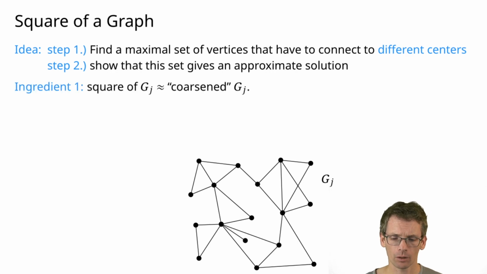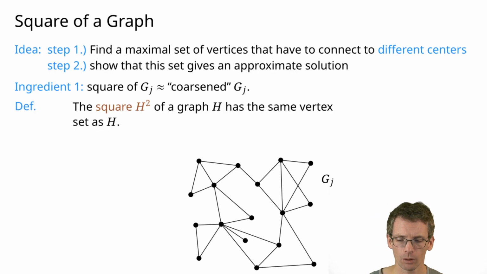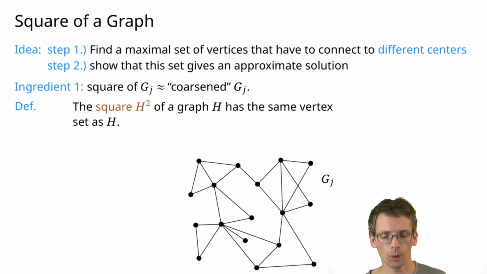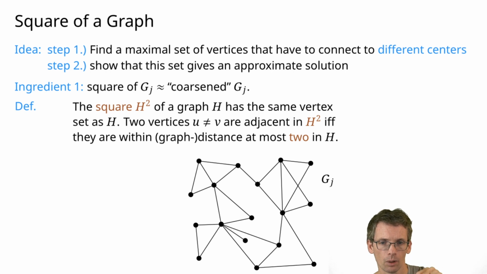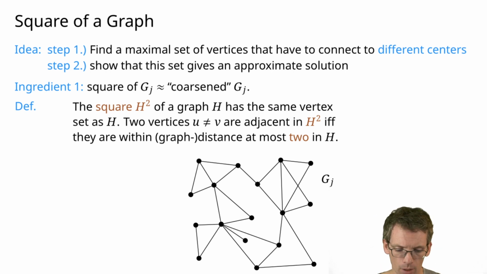And the concept here that we're using is a square of a graph. So the square of a graph is again a graph with the following property. We have the same set of vertices, but we will have an edge between 2 different vertices if they are either adjacent in H or they have graph distance 2, so I can connect them by going via 2 edges. Let's do this by example.